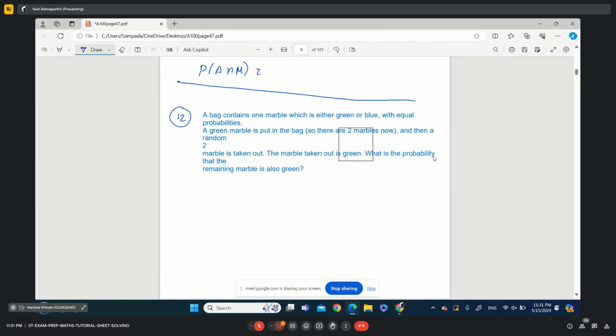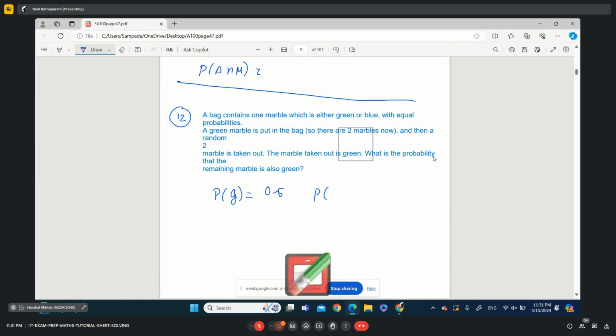Now check here what I'm writing. This is relatively easy, guys. If you come back into that tone of solving questions, you will find it very easy to understand. So a bag contains one marble which can either be green or blue. The probability that this particular marble will be green, I will write as small g, is 0.5.